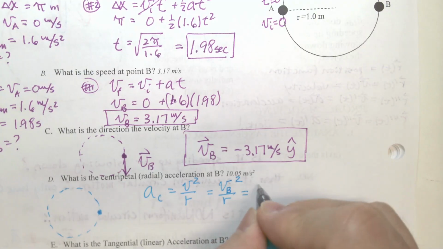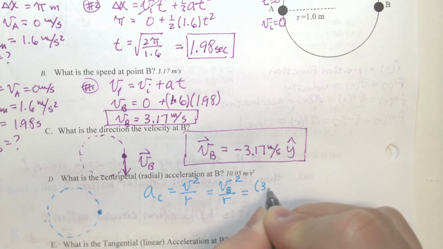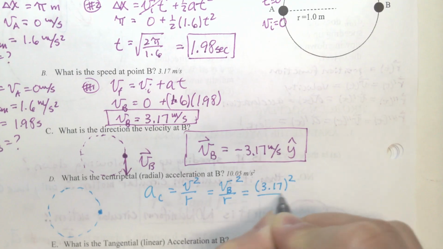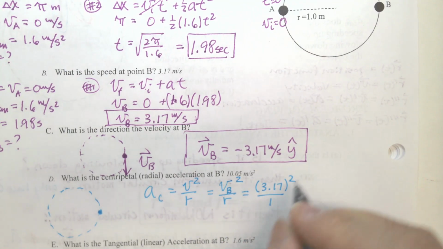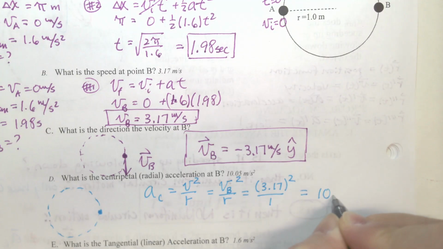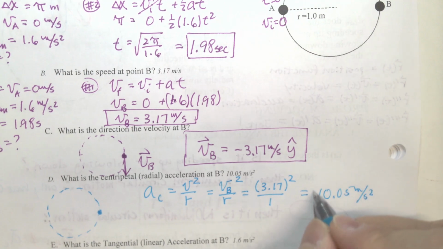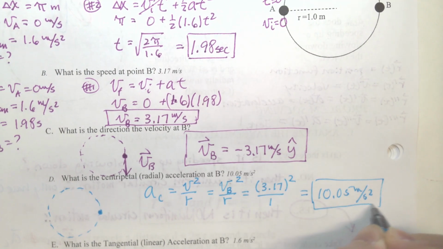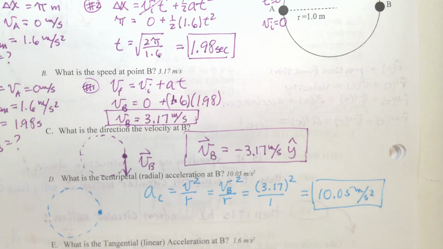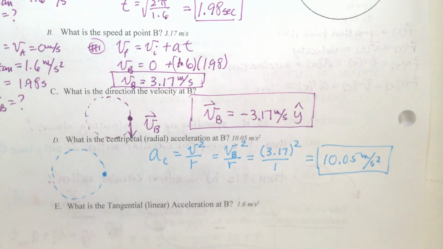That is 3.17 squared over 1, and that comes out to 10.05 meters per second squared. But that is just the magnitude of my A sub c. So which way is the direction of my A sub c?